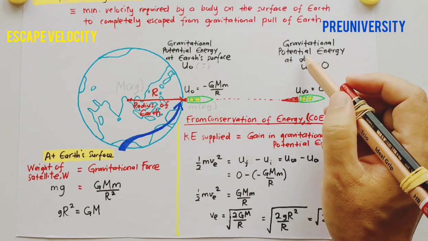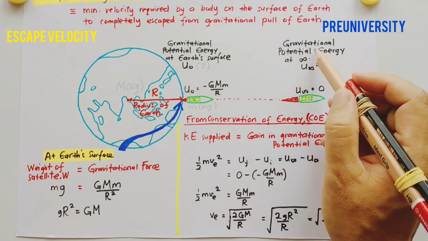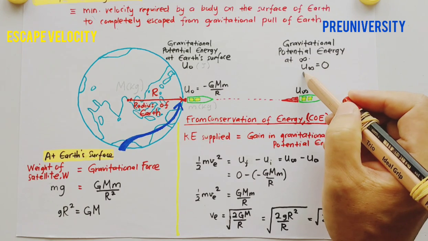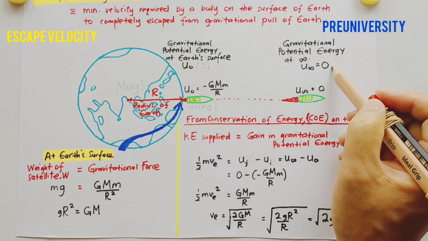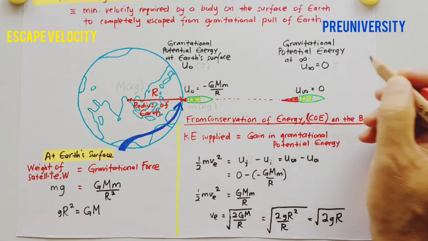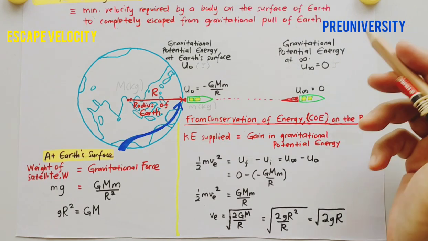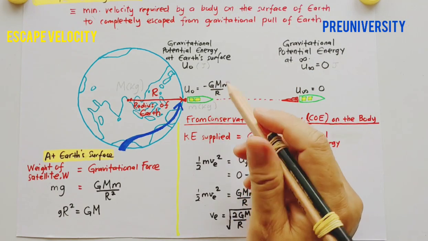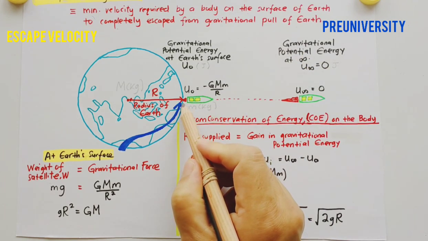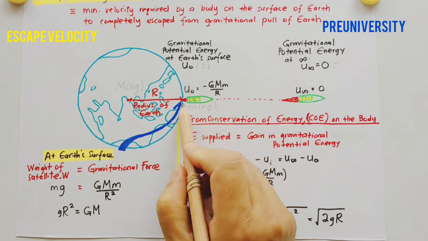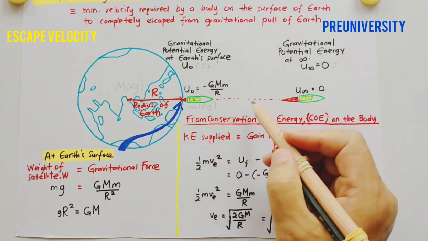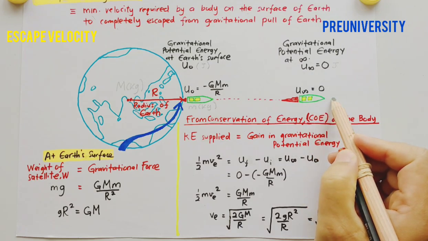And then we consider the gravitational potential energy at infinity. So U at infinity we take as equal to 0 joule. Then the rocket starts from the Earth's surface and travels to infinity.